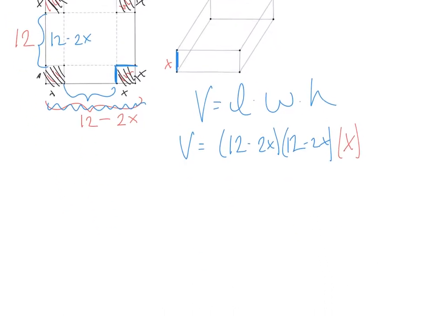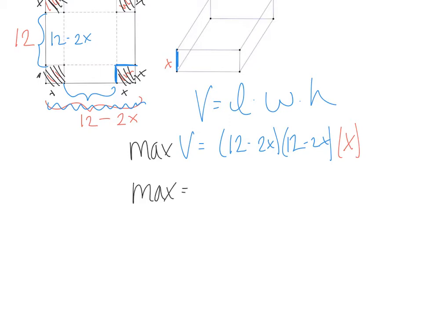Now, what's unique about this problem is that it's already in terms of one variable. We just have to clean it up, take its derivative, and prove that we have a min or a max. So again, I wouldn't take the derivative right off the bat. I would do a little bit of cleanup. I'm going to FOIL these two out.